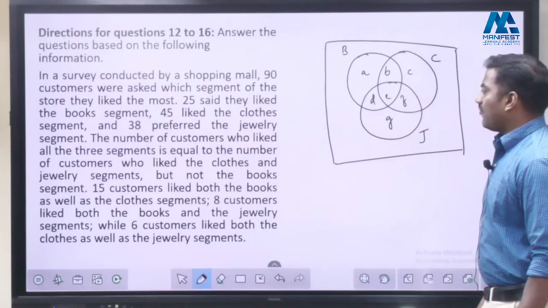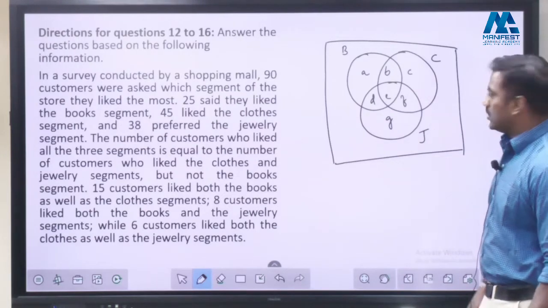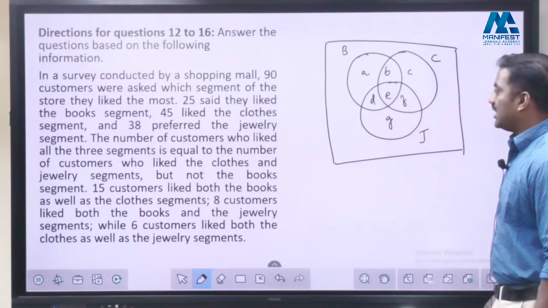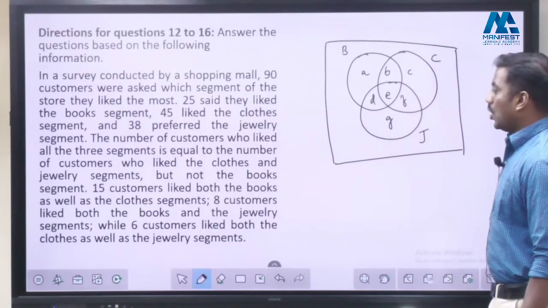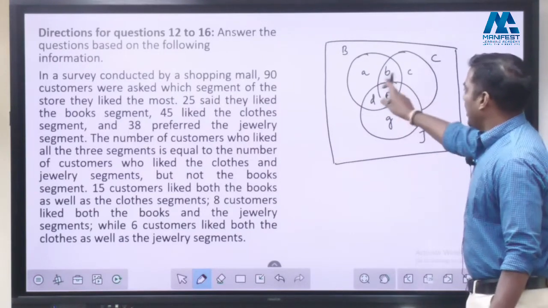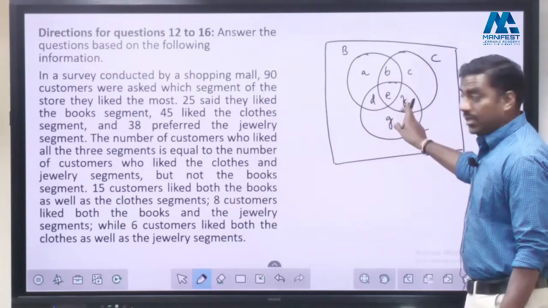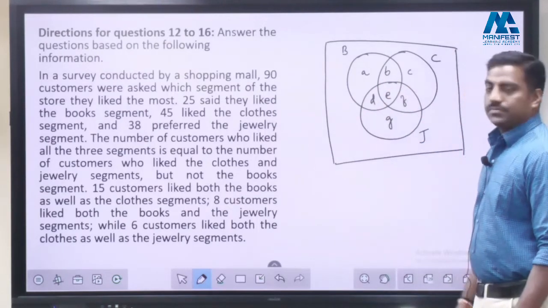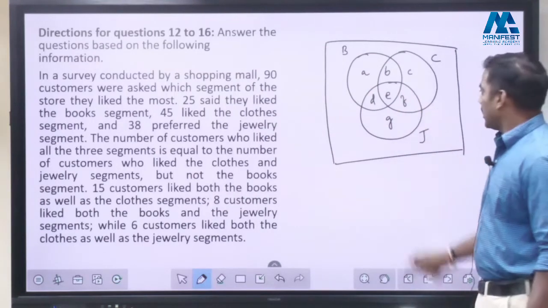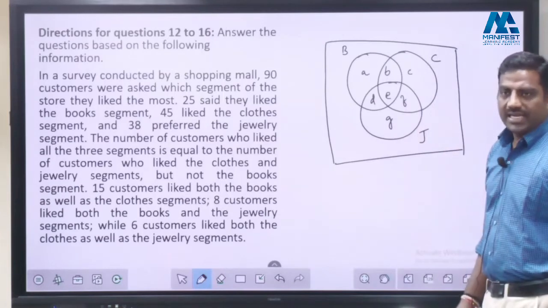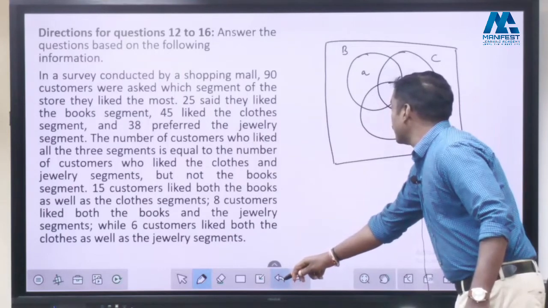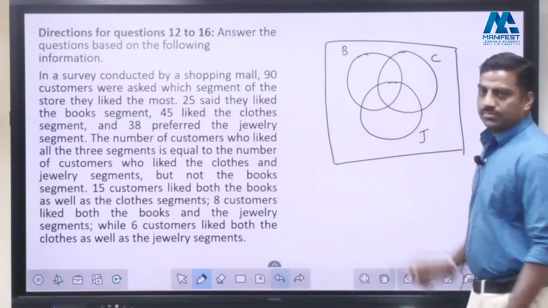The customers who liked all 3 segments are E. It is equal to those who liked clothes and jewelry but not the books at all. So they are talking about only F. That means E is equal to F. Let us keep this in mind.